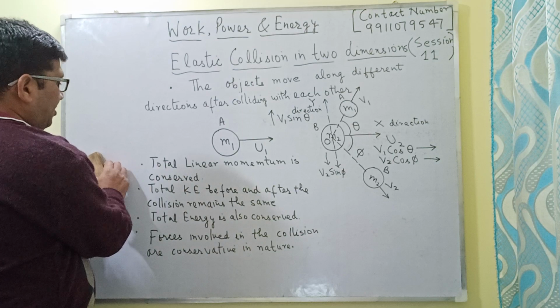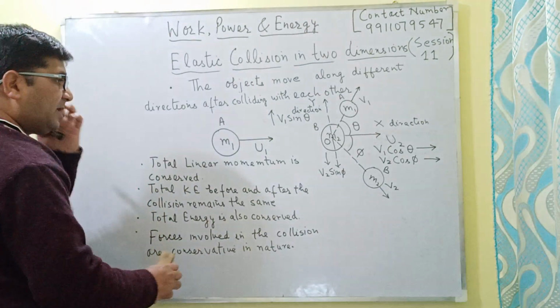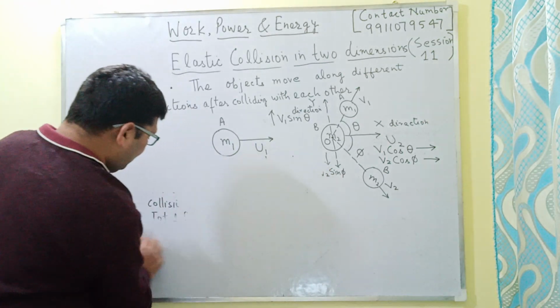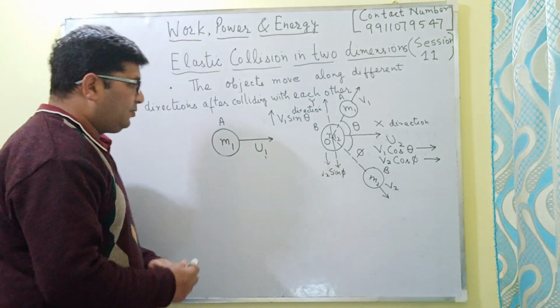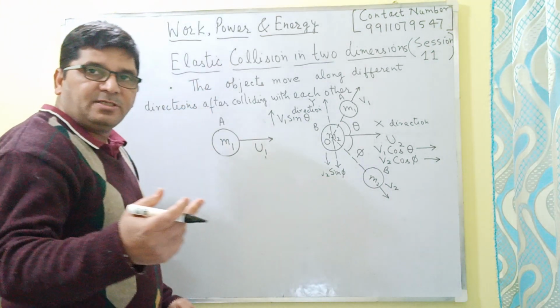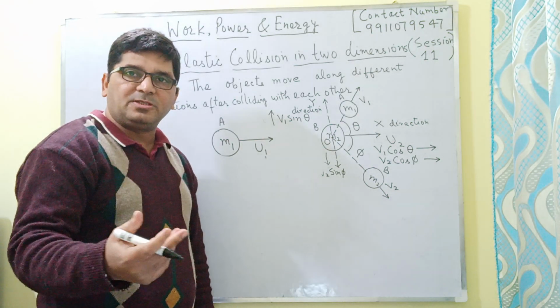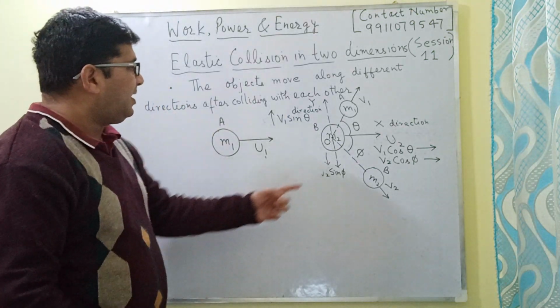Now considering these four points, I will be deriving certain equations based on the first point, that is, the linear momentum before the collision and after the collision is the same.